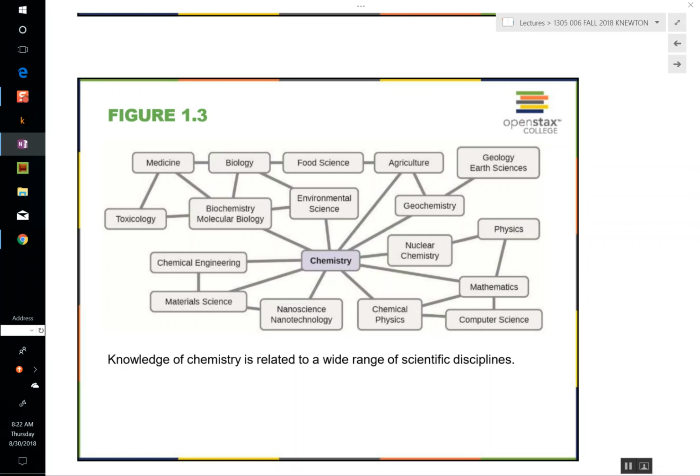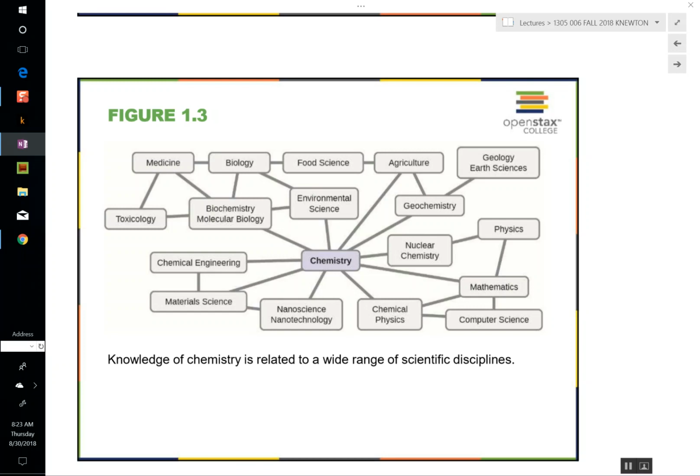Environmental science, food science, agriculture, nuclear chemistry, chemical physics or physical chemistry, mathematics, engineering, medicine. There's a whole lot in medicine, chemistry, and biochemistry.